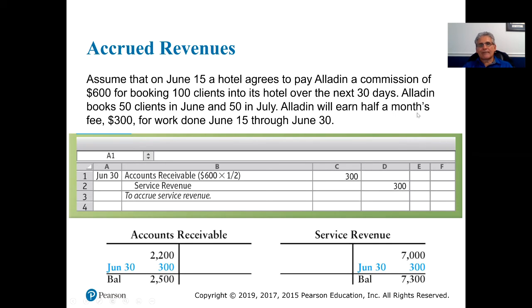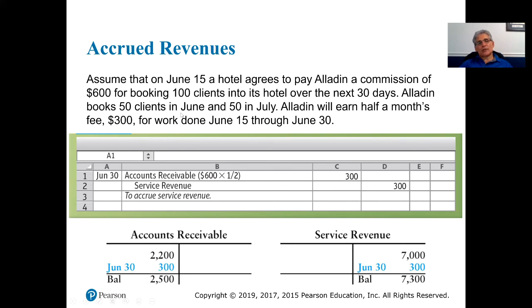Aladdin will earn half a month's fee, $300, for work done June 15th through June 30th. So we have a hotel that has agreed to pay us, Aladdin, a commission. And the agreement was that we will get $600 for 100 clients.